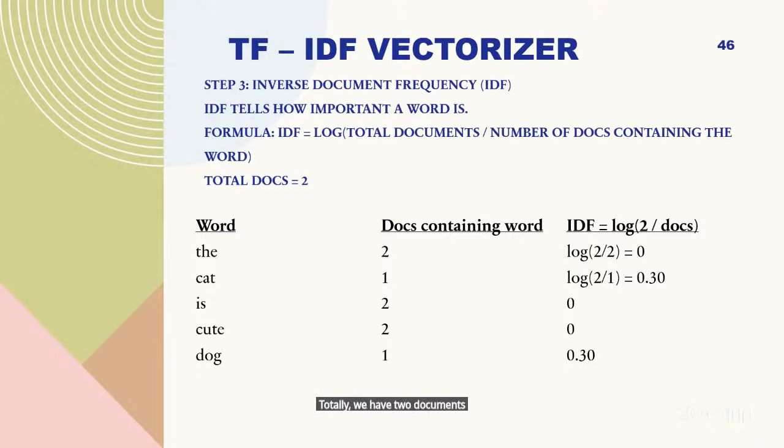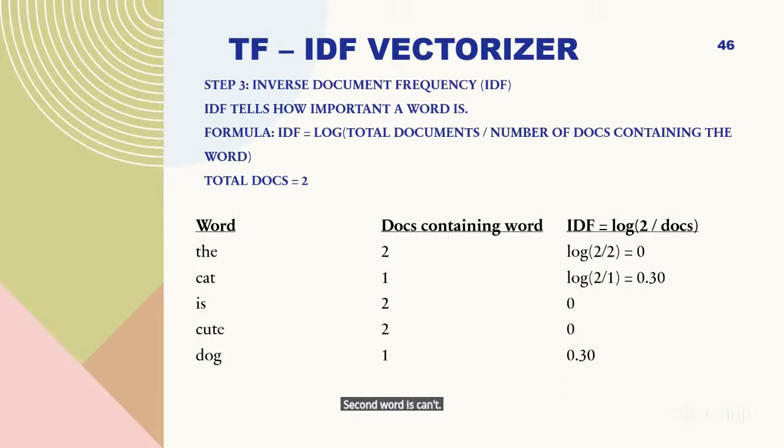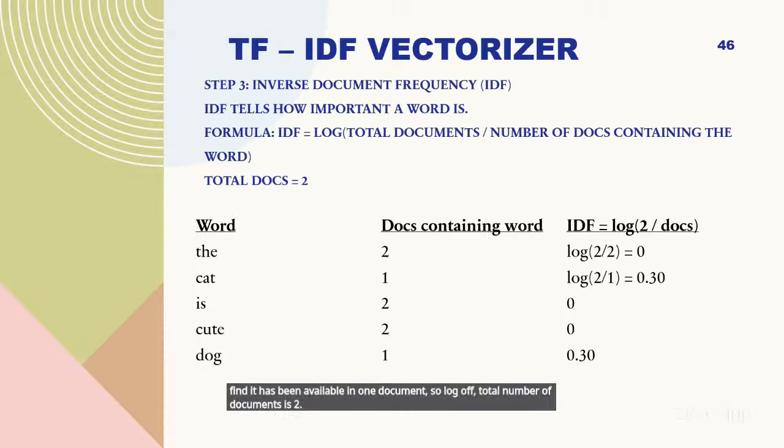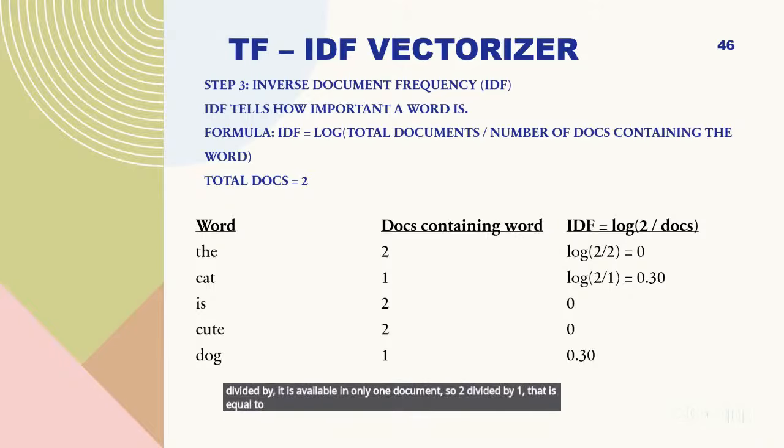For the first word, it is in both the documents, so 2 divided by 2. The second word is cat. It is available only one time, in one document. So log of total number of documents 2 divided by 1, that is equal to 0.30. Similarly, we have calculated all the remaining things.